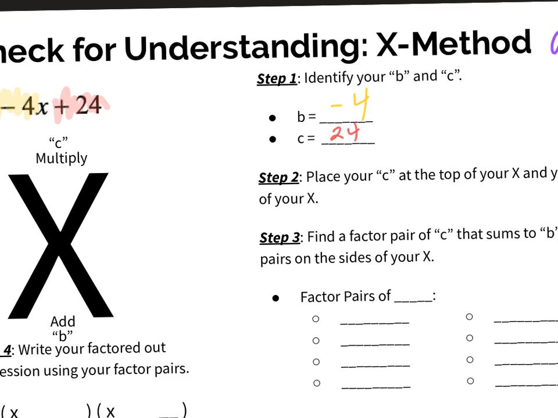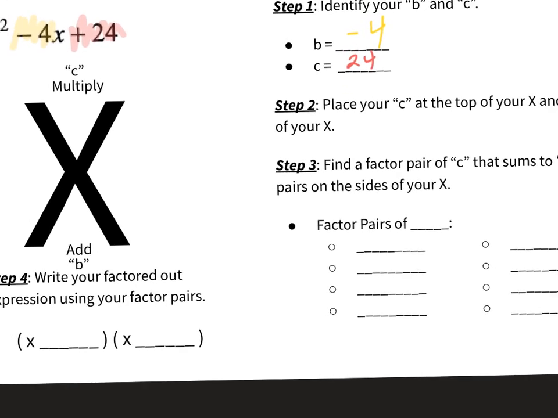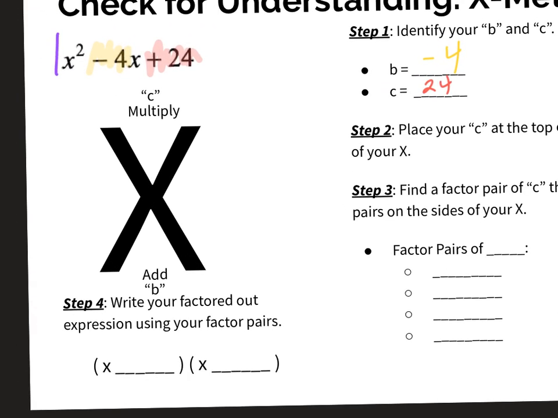Now, with my step 2, I want to actually place my c at the top, so 24 at the top. And then I want to place my b, my negative 4, at the bottom. Remember, b for bottom. Now that I've done that, I want to find my factor pairs of 24 because I want to multiply to this value.